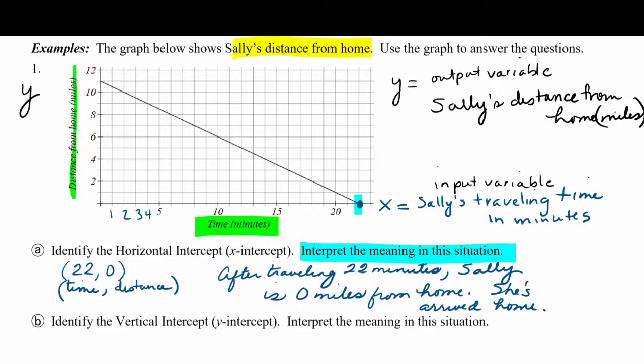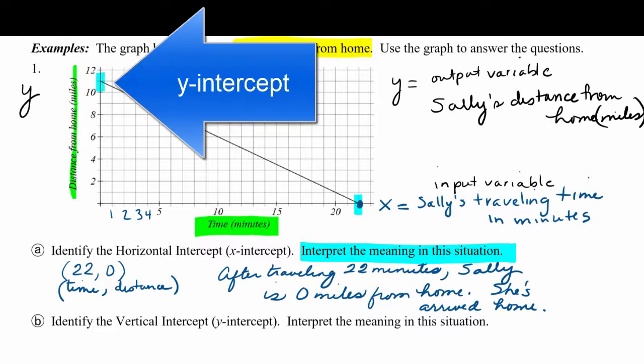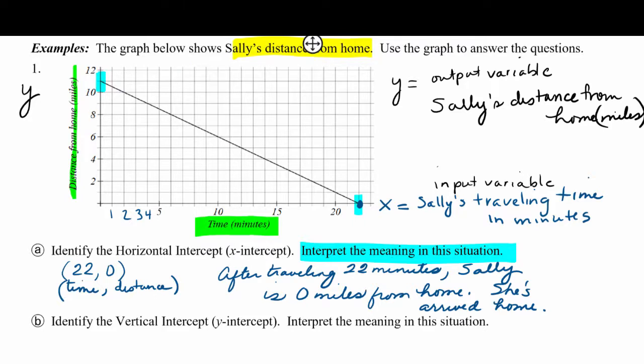Okay, let's look at the y-intercept, or the vertical intercept. And that's up here. That ordered pair is given by x is 0 and the y value is 11. And again, x represents time, y represents Sally's distance from home. So what's the significance of this ordered pair (0, 11)?